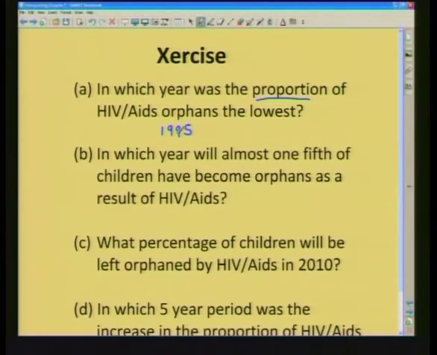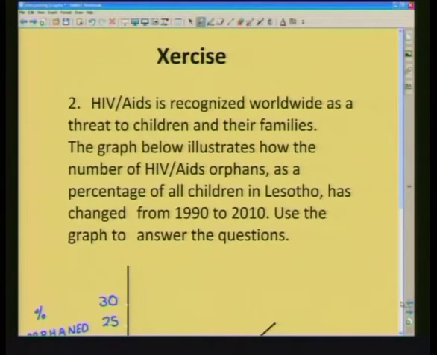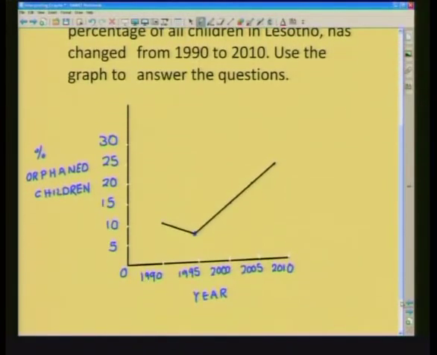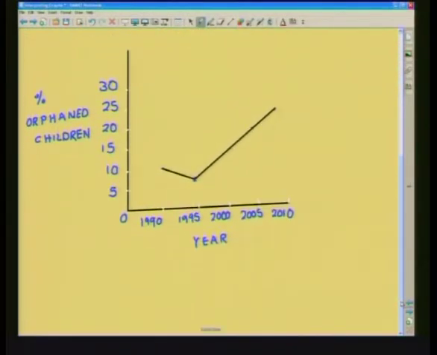Then part B, in which year will almost 1/5, you first have to realize that you need to change that to a percentage form in order to understand what they're asking you in percentage terms. 1/5 is the same as 20%. So they want to know in which year will almost 20% of children have become orphans. So we go back to our graph here. And 20% is on the y-axis.